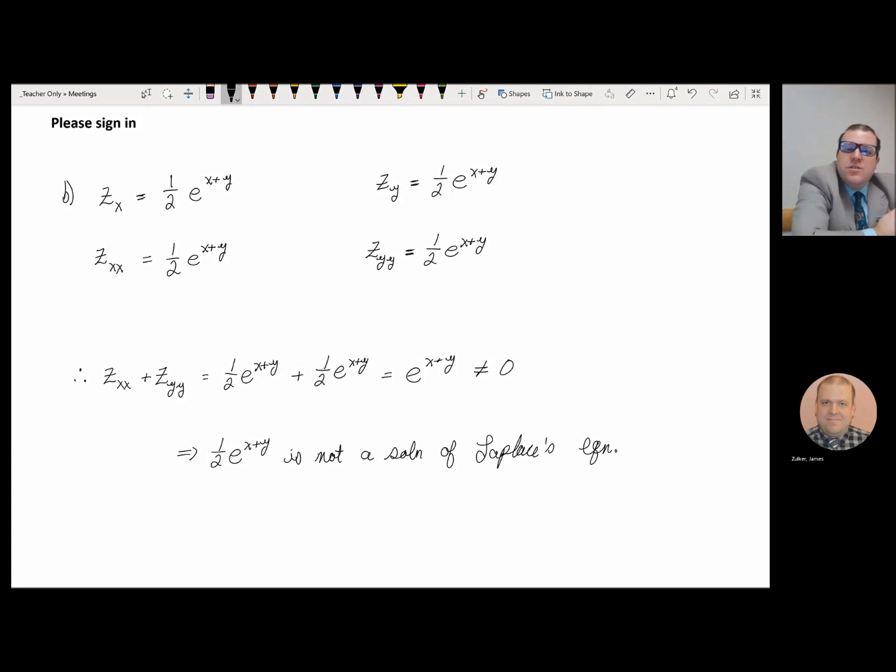That's not a solution. Right, it'd have to be 0 to be a solution.